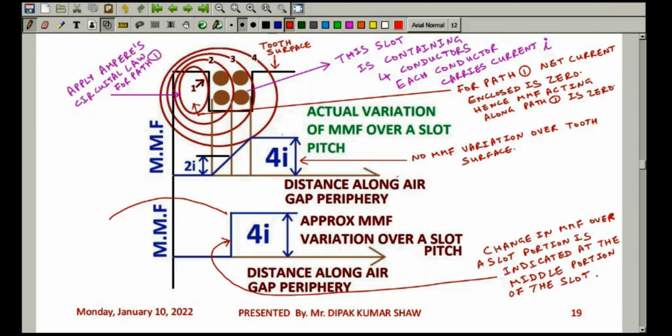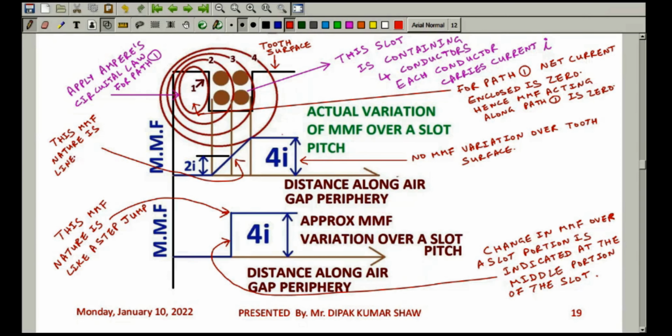So this M.M.F nature is like a step jump, and this M.M.F nature is linearly rising over the slot portion.